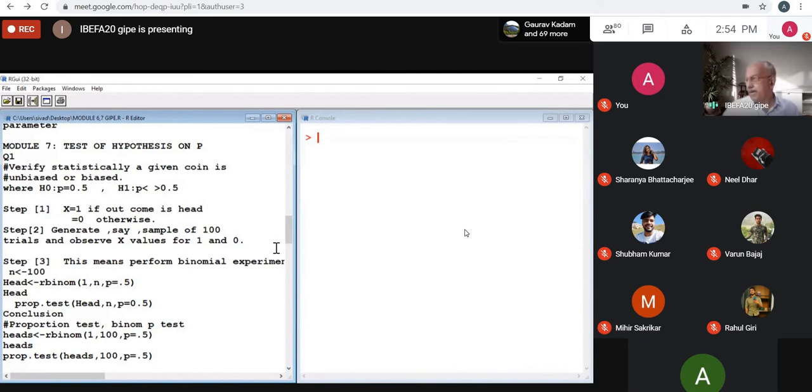So probability is the parameter for the coin. So I frame the problem as P is equal to 0.5 versus P not equal to 0.5.